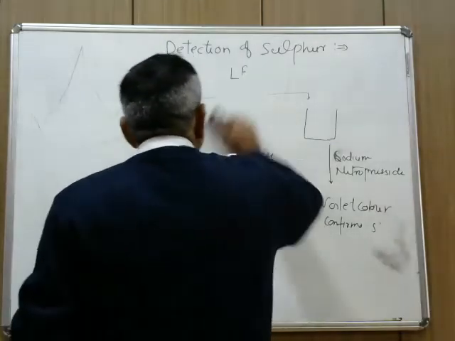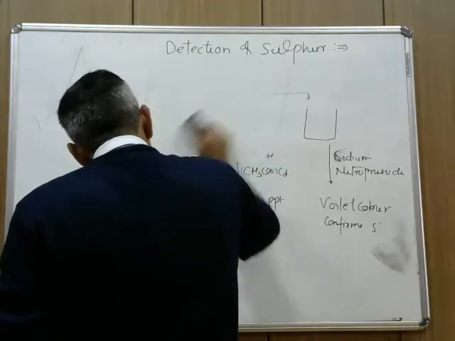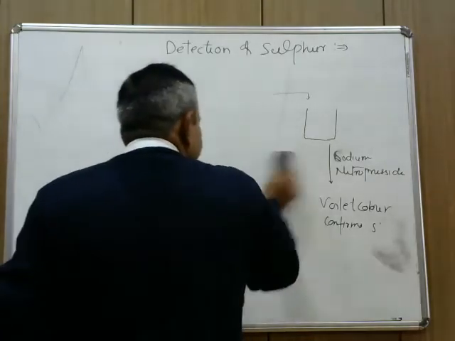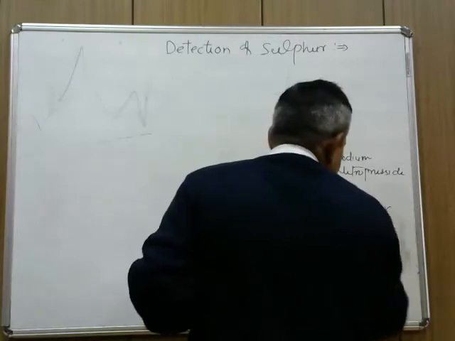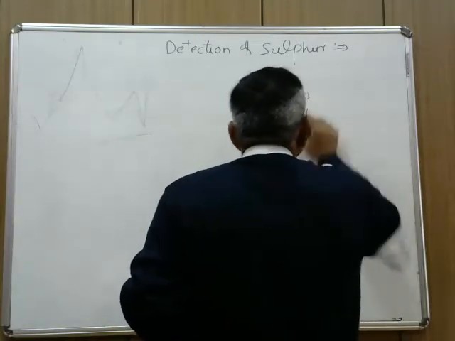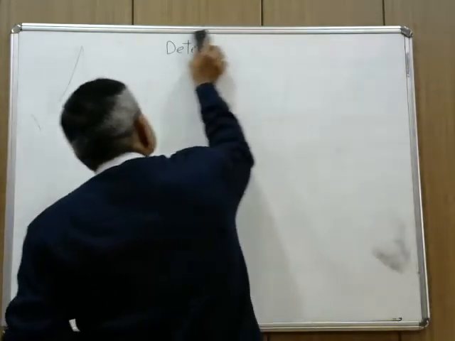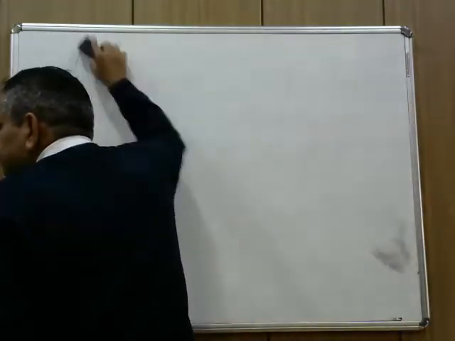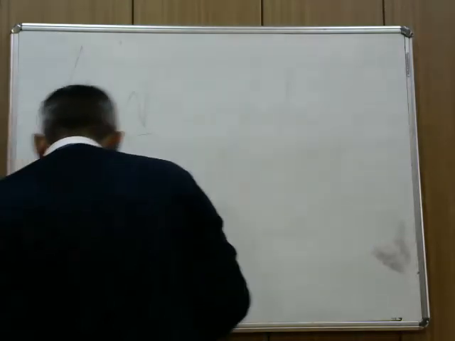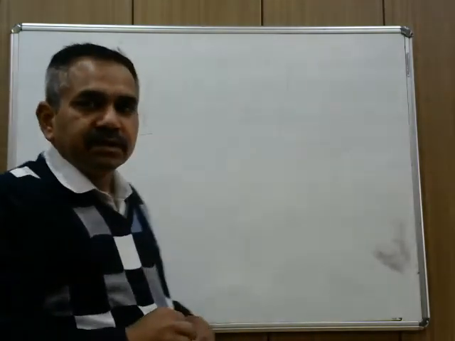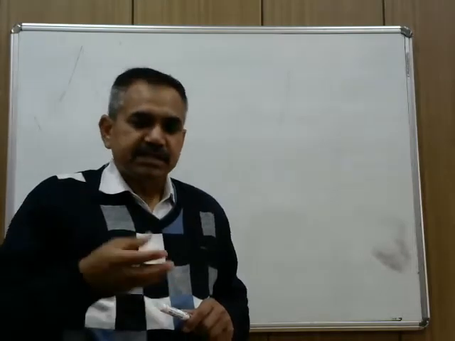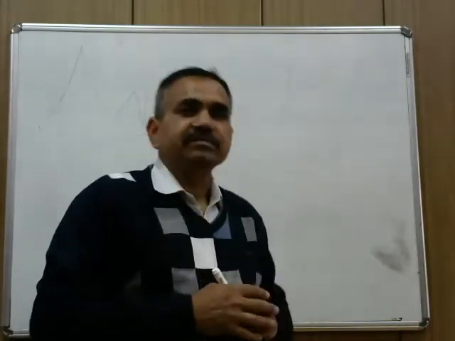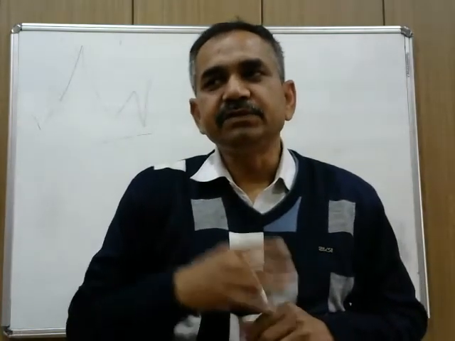Now let us understand the chemistry behind these tests. During the formation of Lassaigne's extract, sulfur which is present in covalent form is converted to its ionic form.